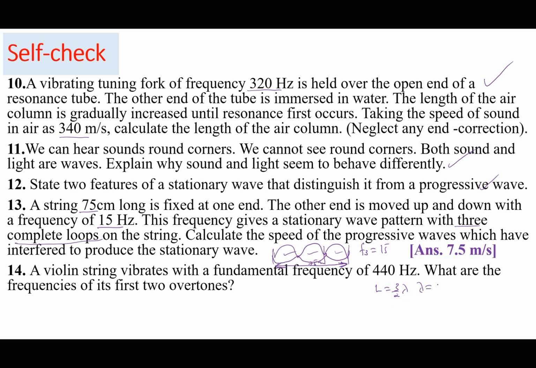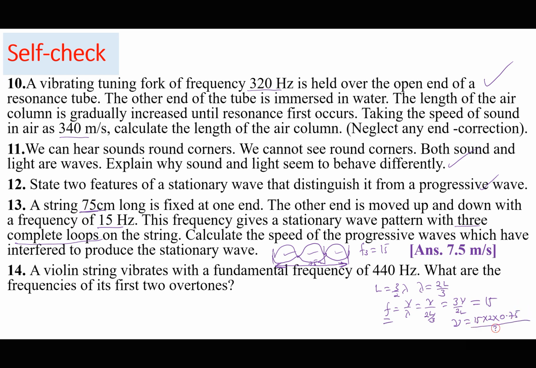So wavelength is equal to 2L over 3, and the frequency is equal to V over lambda, which is going to be V over 2L over 3, and the 3 goes up, so it is 3V over 2L. But remember, the frequency was 15, so I just equate this to 15. So if I make V the subject, V is going to be 15 times 2 times L, which is 0.75, because it was 75 centimeters.